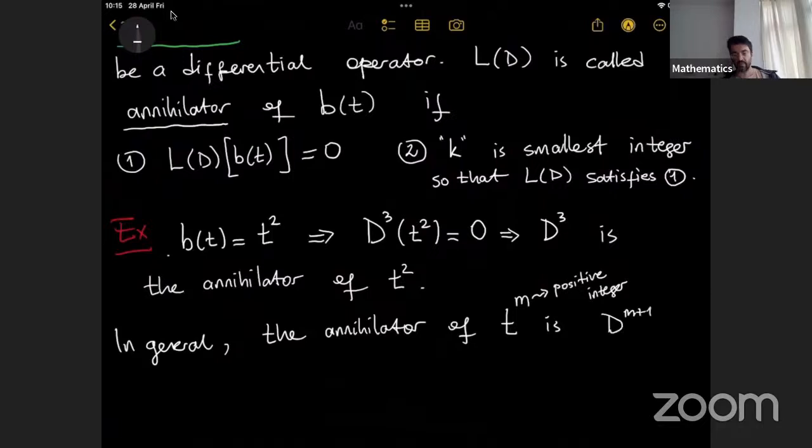Because if you differentiate m plus 1 times, you will get 0, and this is the smallest such thing. So it's the annihilator. Well, this is a differential operator, and we will call this L(D), okay?